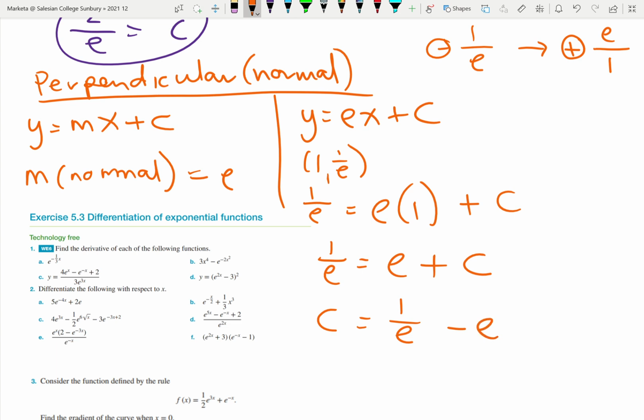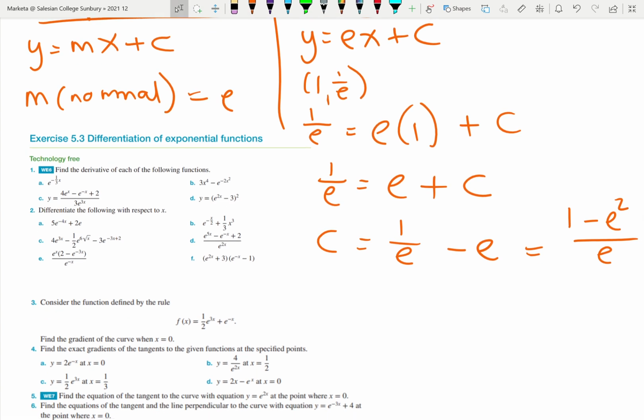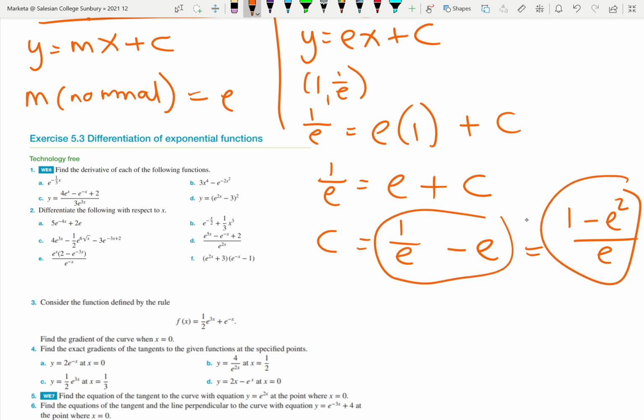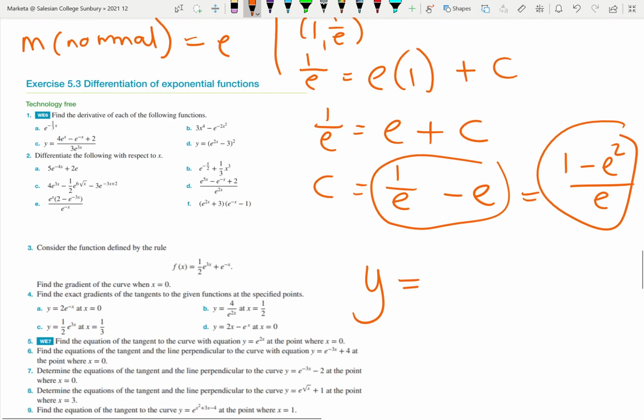You could do a common denominator there if you wanted: you would have e squared over e, and then 1 minus e squared over e. I'm not sure what they're going to put in the book, but either way is fine. So c is either this or this, and our final equation is y equals ex plus c.